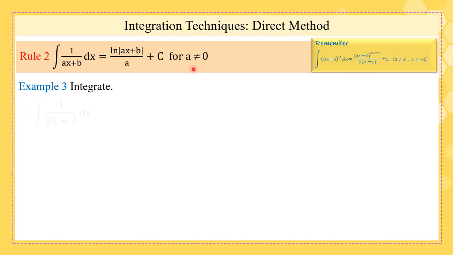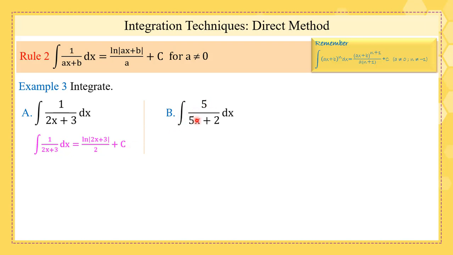Example, integrate. Integral of 1 over (2x + 3). It has the same form as this integral, then we can apply rule 2. Then the result equals ln absolute value of (2x + 3) over 2 plus a constant.